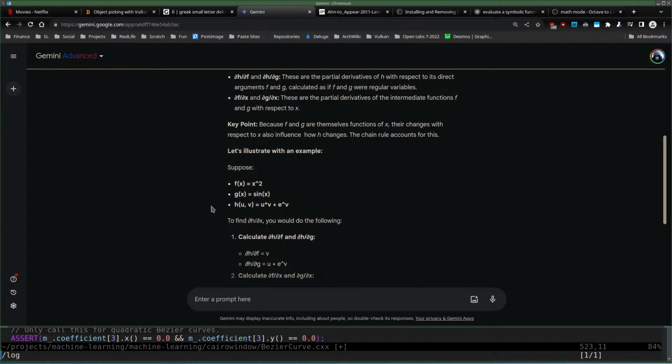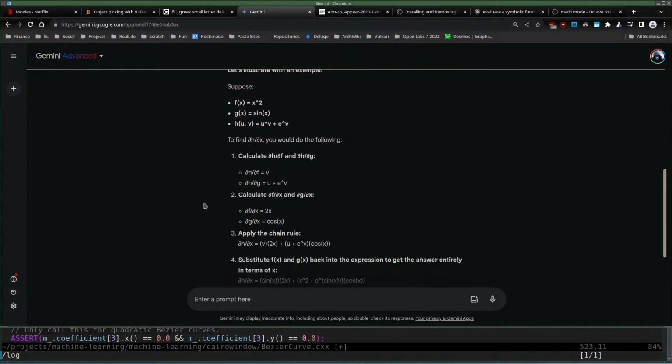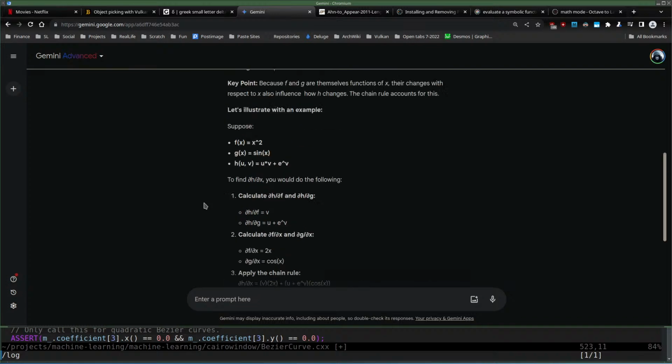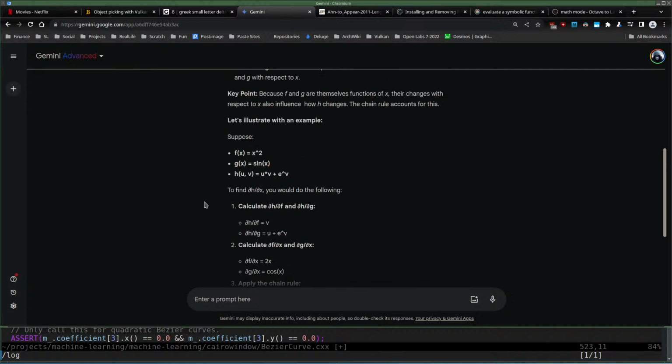What is it doing here? This is utter nonsense. I mean, this h, depending on u and v, is expressed in u and v.